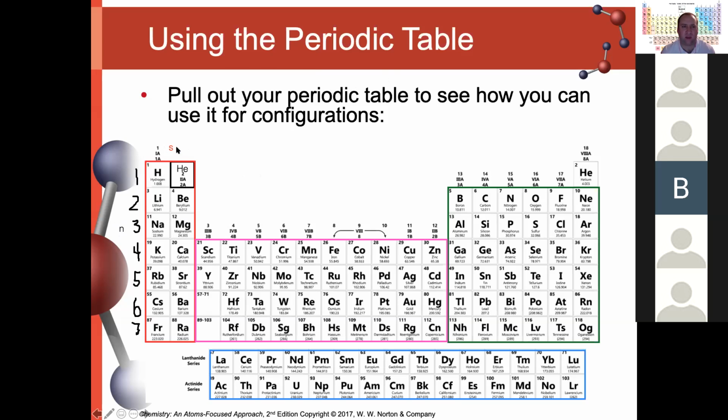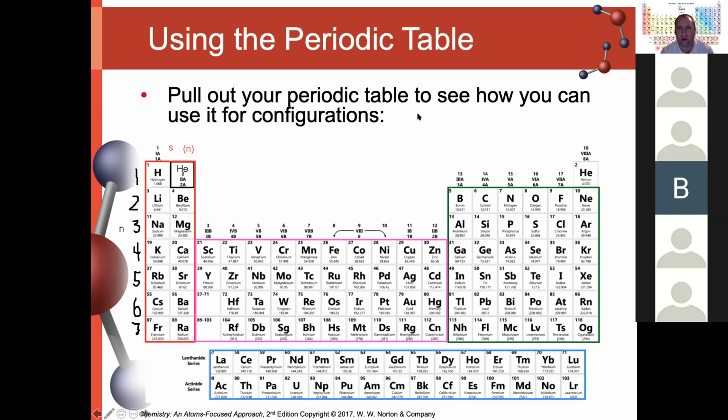And the S sublevel always abides by the energy level that it is in. So when I'm describing hydrogen and helium, I will be describing electrons in the 1s sublevel. When I'm describing lithium and beryllium, I will be describing electrons in the 2s sublevel.